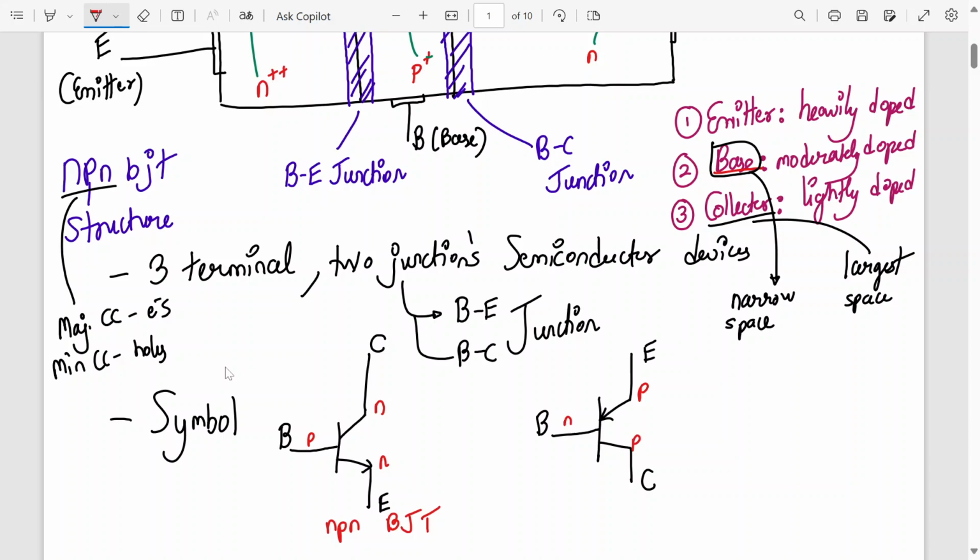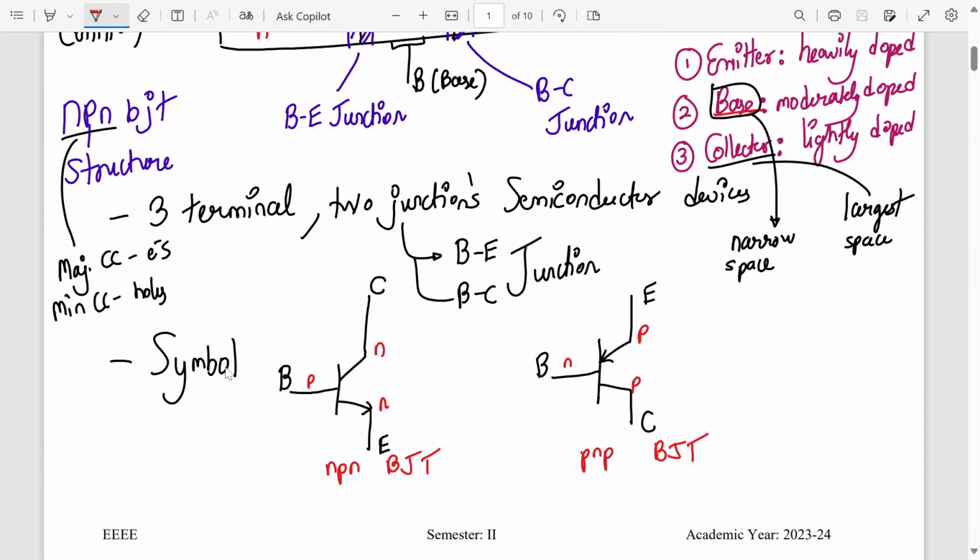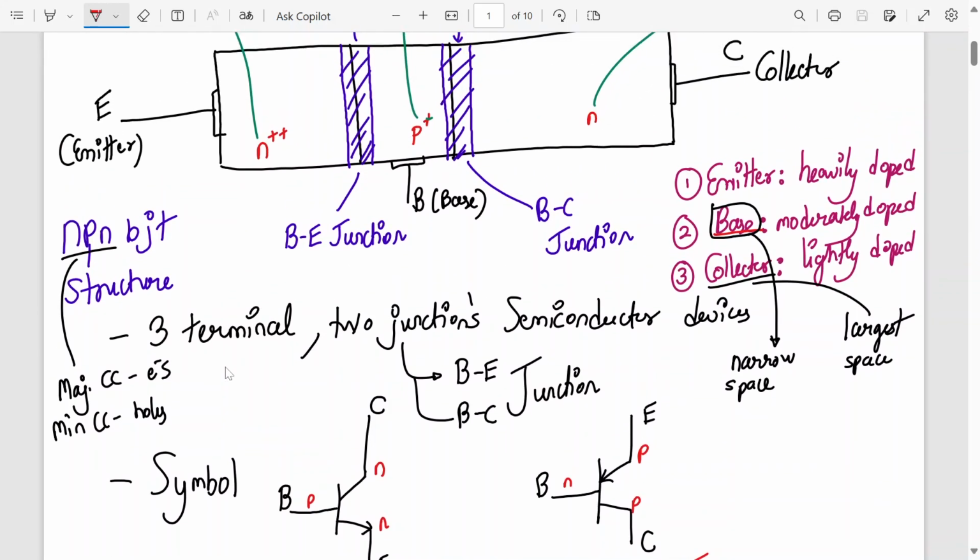Got it? So write it down: PNP BJT, where the majority carrier will be holes and the minority carrier will be electrons. Alright. So this is about the construction of BJT, that is the NPN and PNP structure.